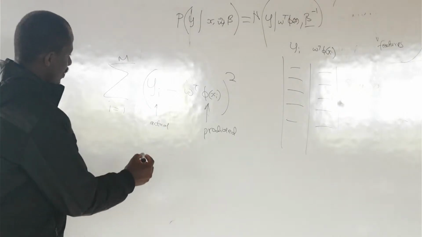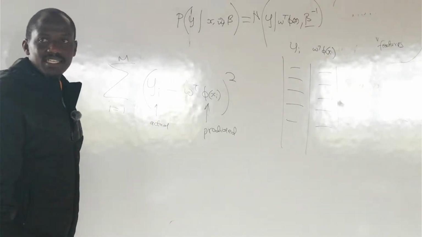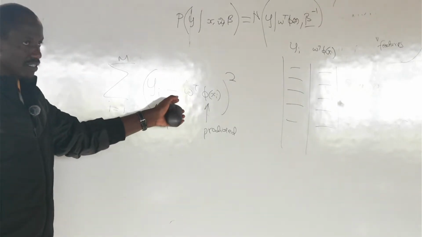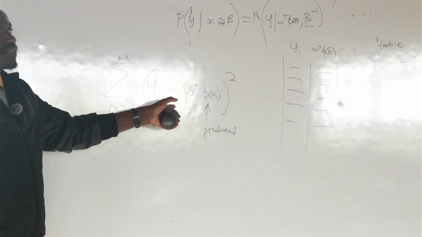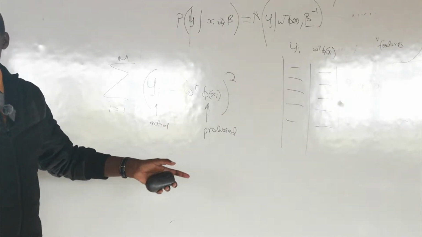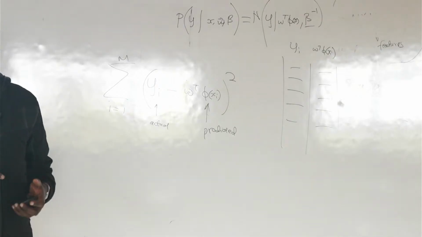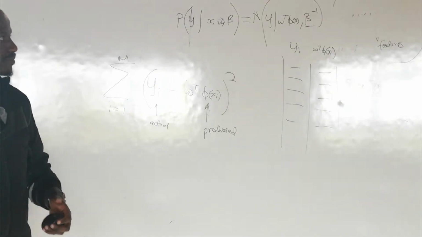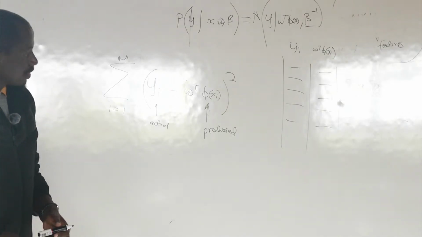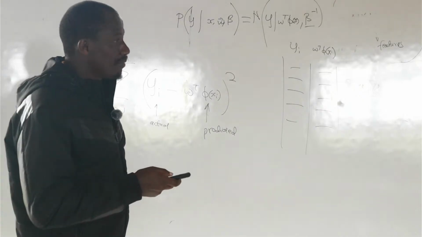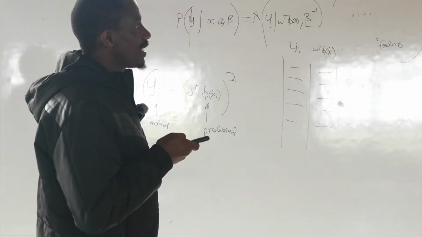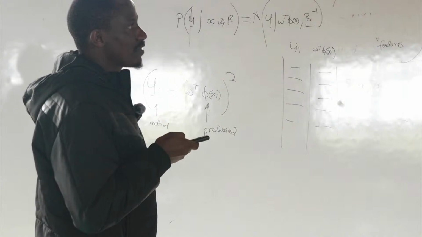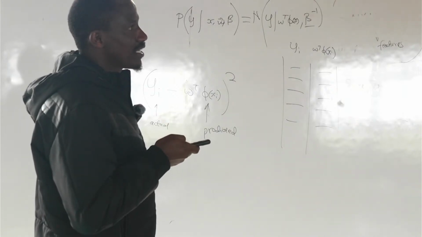Now, there's a shorthand way to write these differences. You can represent this as phi w minus y, then take the transpose of that, then phi w minus y.